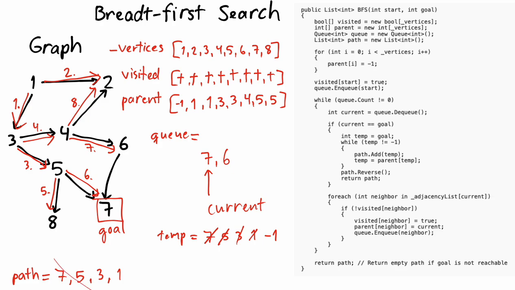so it reverses this list. So we have the new reversed list 1, 3, 5, 7. And now it returns that path.